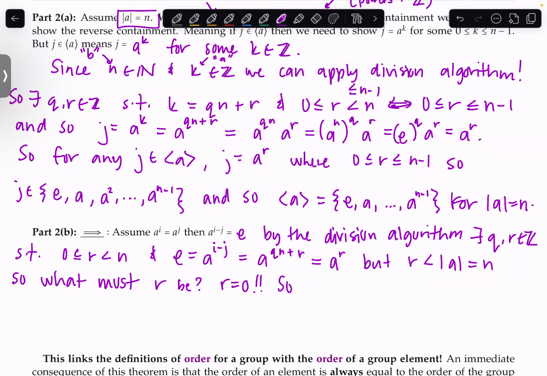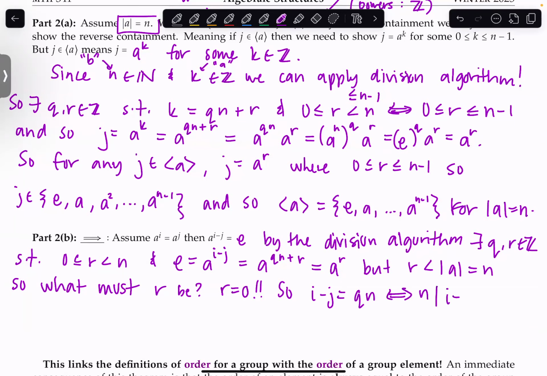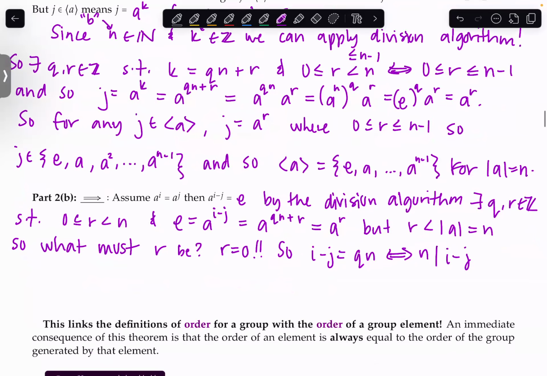Okay, so this is telling me that i minus j, my R is 0, so I can write that as q times n. This is the same as thinking n divides this difference here, since everything I'm working with is integers, which is the same exact thing as thinking that these are equivalent to each other mod n.